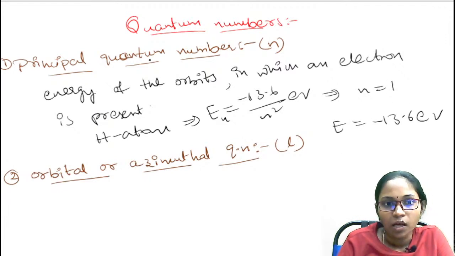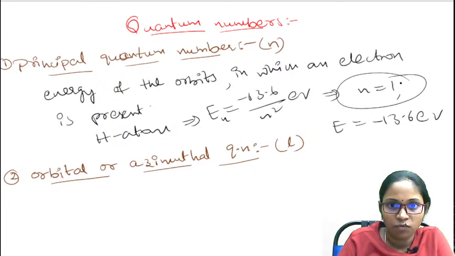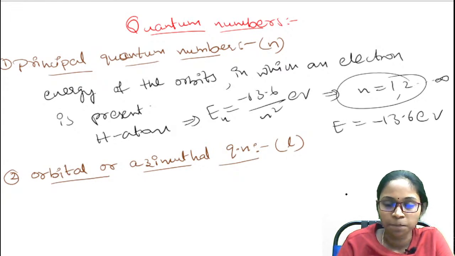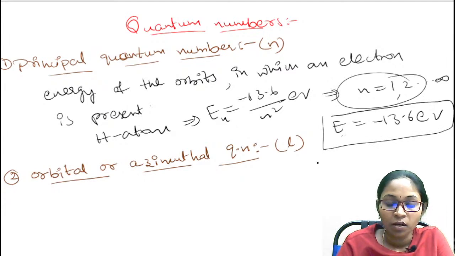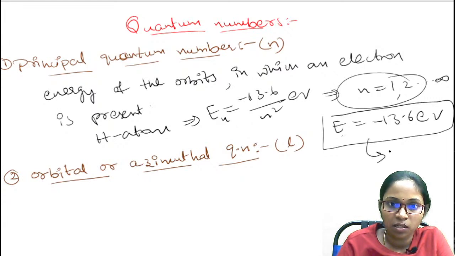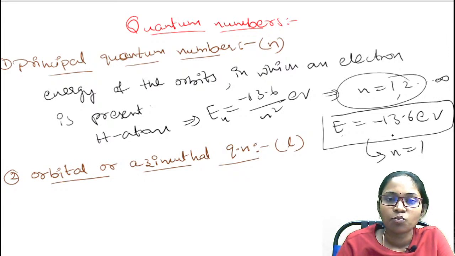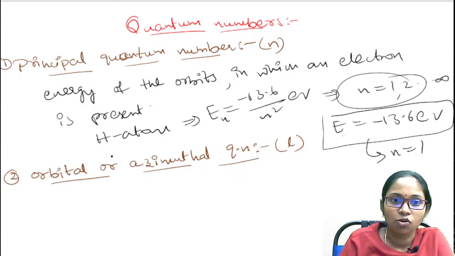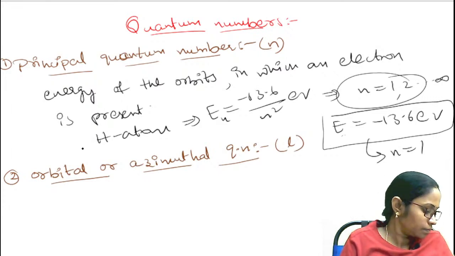This principal quantum number, denoted with n, takes values from 1 to infinity. It gives us the energy of the orbit in which the electron is present. If the electron is present in the first orbit, that is for n equal to 1, the energy will be minus 13.6 electron volts.